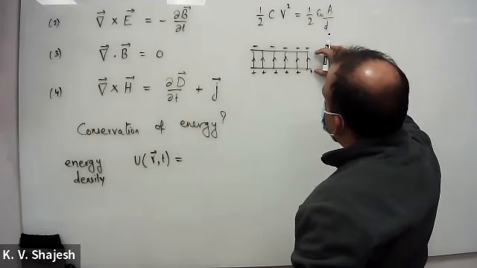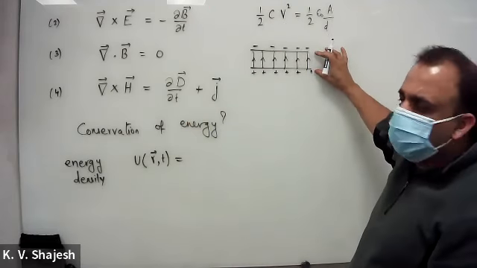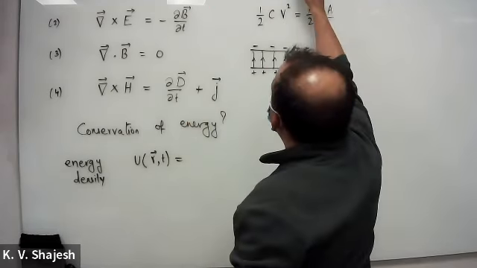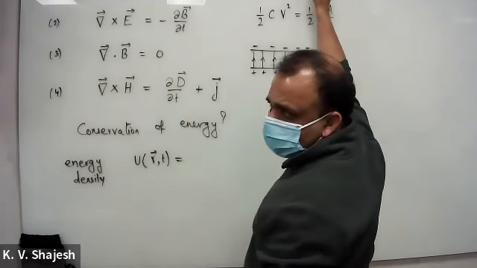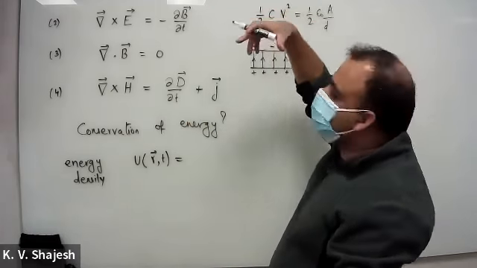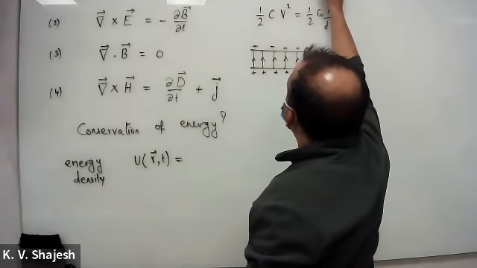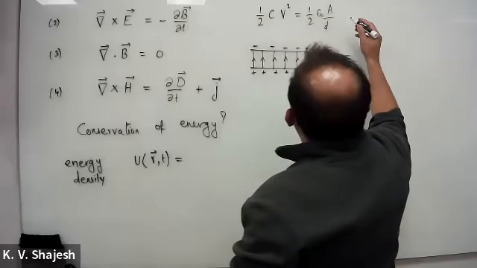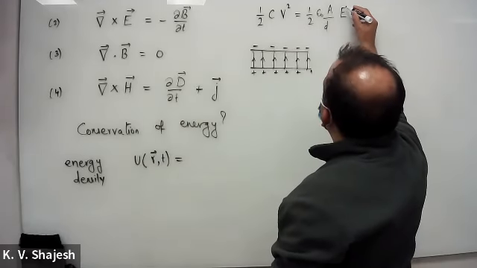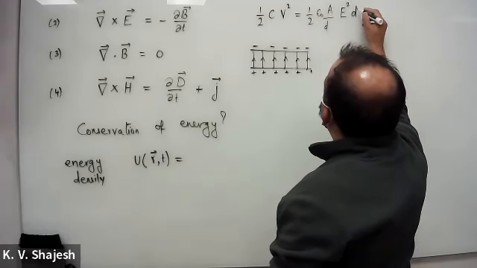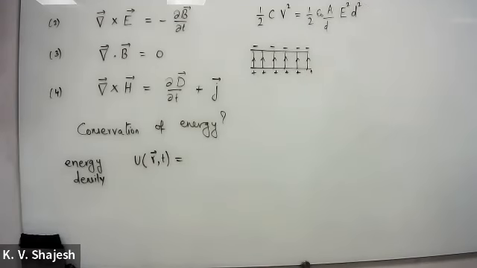This is the voltage across these two plates. Voltage can be written in terms of the electric field, so it is E times D. It is one half CV squared, so it is E squared times D squared, correct?